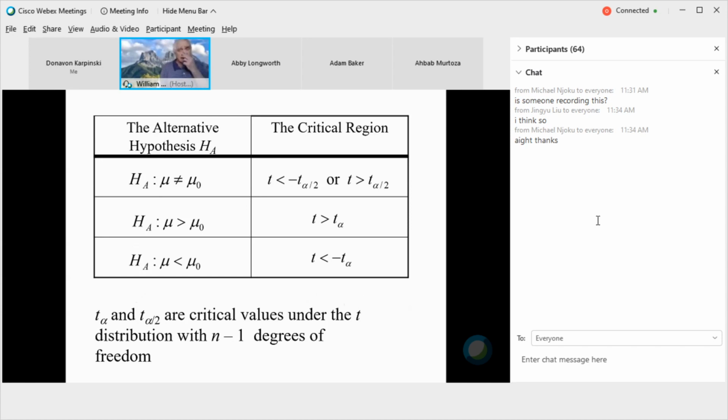They're underneath the t distribution with n minus 1 degrees of freedom. If you change the degrees of freedom, you get a different t distribution. So there's the two-tail test. There's the one-tail test when the alternative is one-sided.